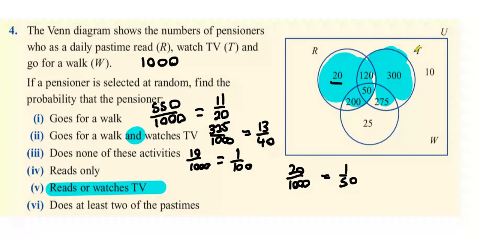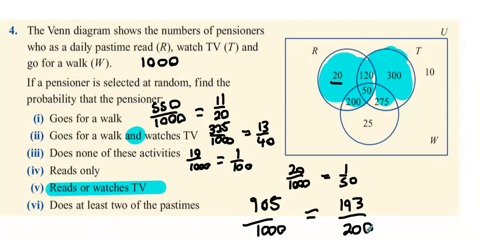Just because they do more than one of them, everybody in that list either reads or watches TV. Just because they do extra stuff doesn't matter. So what was the actual number? 965. It's actually easier to take away 35, wasn't it? 965 over 1,000, which is?